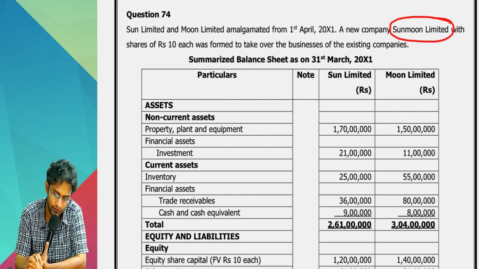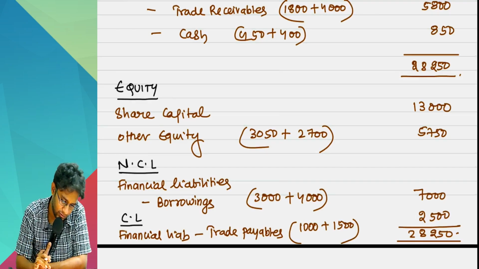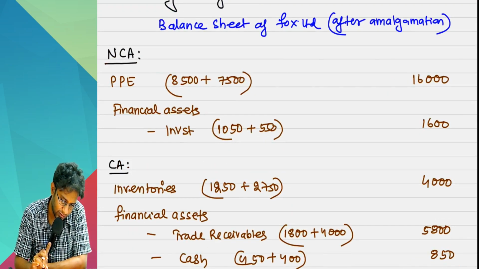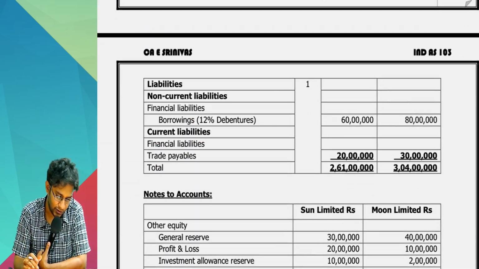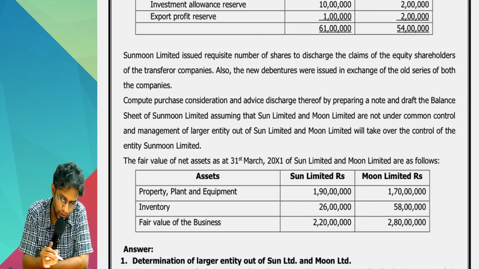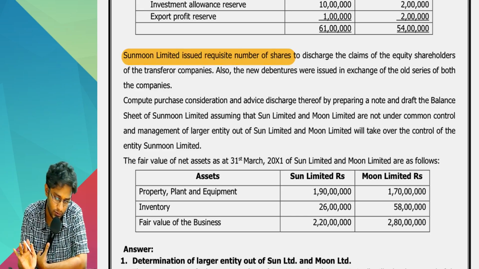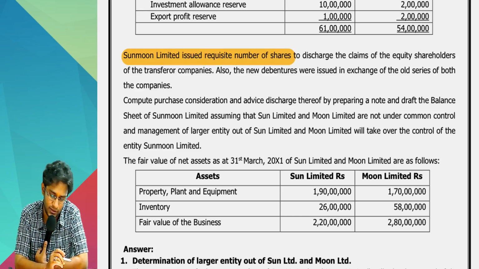In fact, if you observe, every number has 3 zeros added, or multiplied by 2 or something like that. What is PPE here? 8,500, 7,500, into 2 they did, and 3 zeros added. Same sum, okay. Here also same language. Sun Moon issued requisite number of shares. Same language, same story. But here two assumptions are not there.